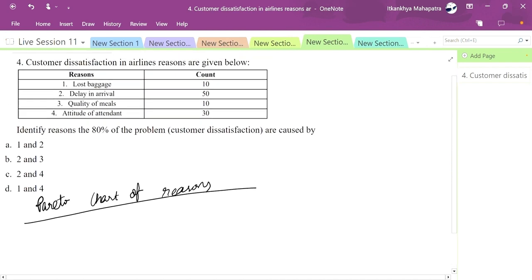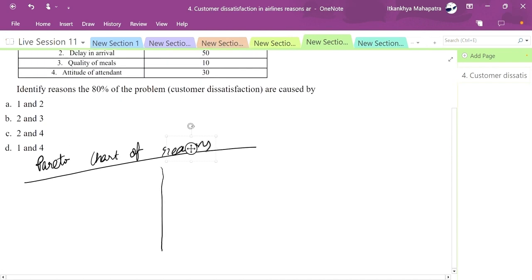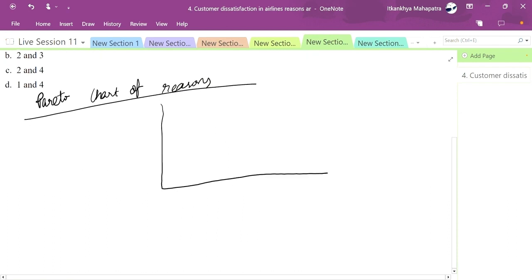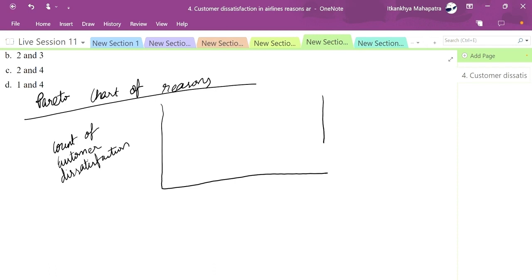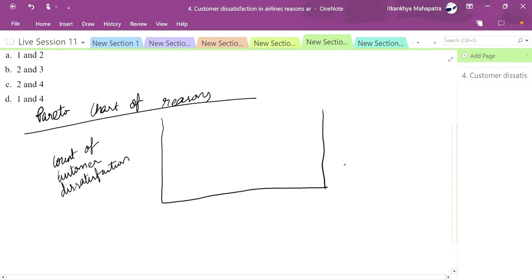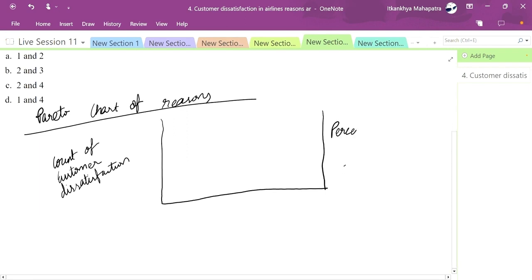Now, according to the question, we have the count of customer dissatisfaction on one axis, the percent on the other, and the reasons below.